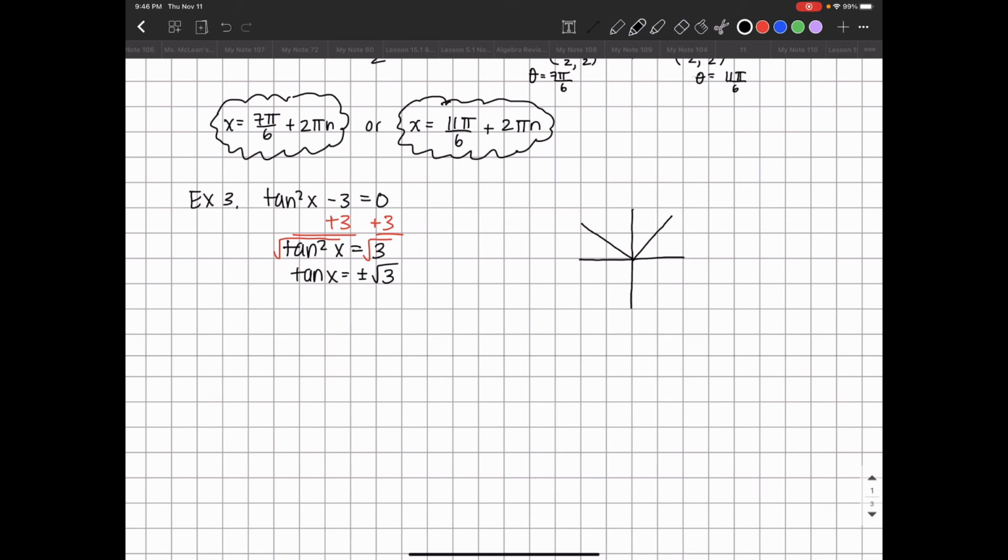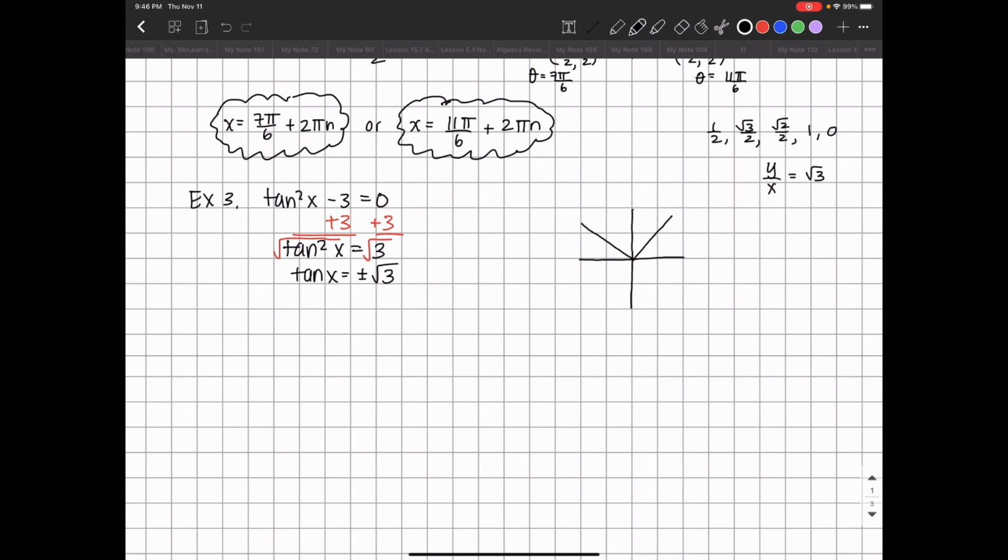So I'm looking for where tangent of x is square root of 3, which means I want the y over the x value to be the square root of 3. So I want the y value with the options that I have. I have 1/2, square root of 3 over 2, square root of 2 over 2, 1 and 0. And I want to use two of those that go together on a point to get me a square root of 3.